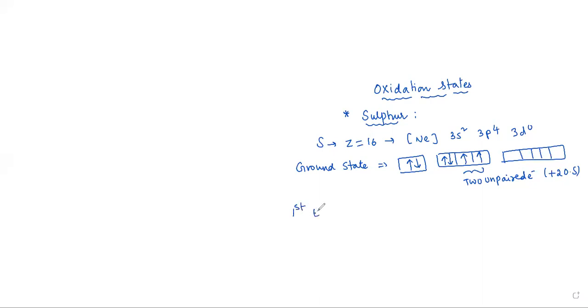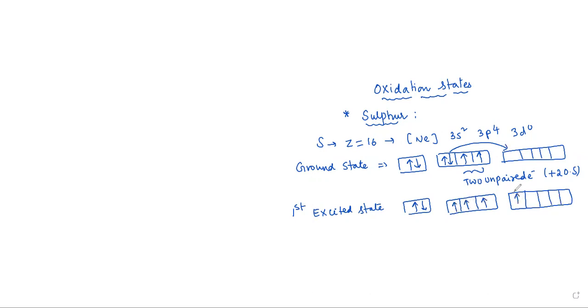If you consider the first excited state, a 3p electron is promoted to 3d. Then 4 unpaired electrons are there. So because of it, +4 oxidation state is possible.